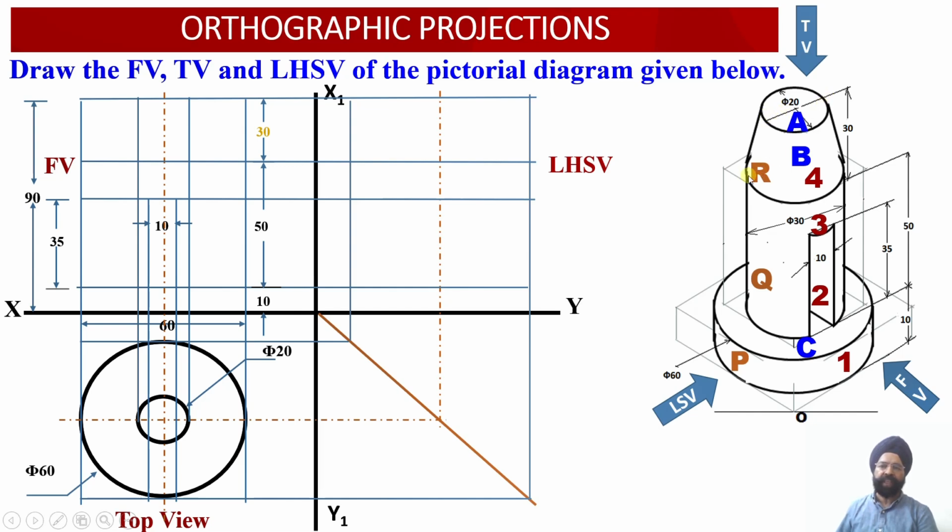Now I have to obtain this portion also in the front view. So in order to obtain this portion in the front view, I will be drawing a circular portion in the top view corresponding to the top face of my element number 2. Element number 2 is a cylindrical portion having a diameter equal to 30 millimeter. So I will be drawing a circular construction over here having an outer diameter equal to 30 millimeter.